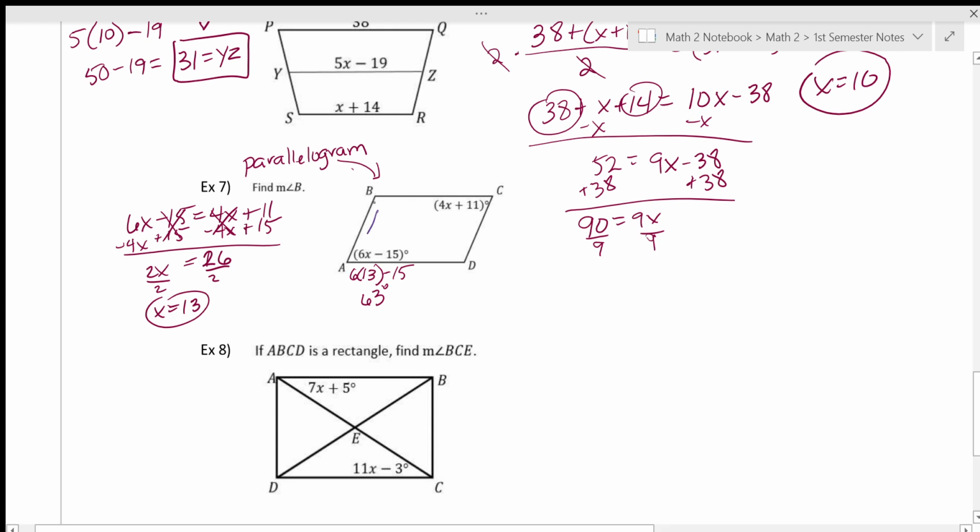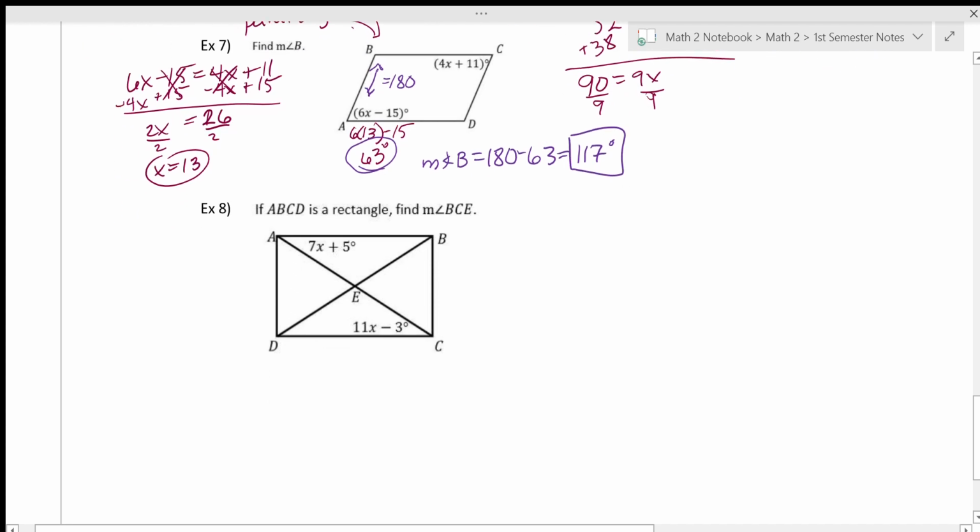So these two added together need to equal 180. So if this is 63, then I go 180 minus 63, and I get that the measure of angle B is 117 degrees.